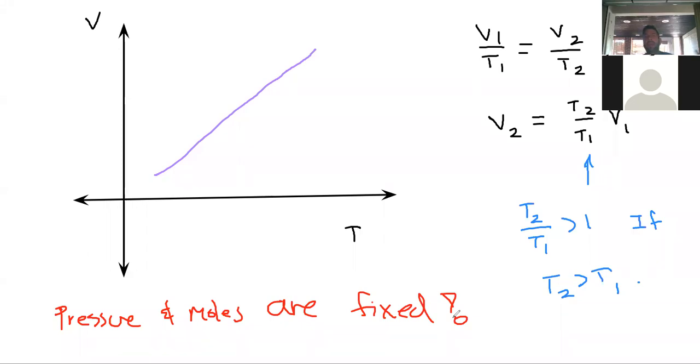That's the example in my head all the time, especially now when most new cars at least have a warning when your pressure drops. Some cars actually tell you the exact tire pressure. Okay, so this is Charles's law.